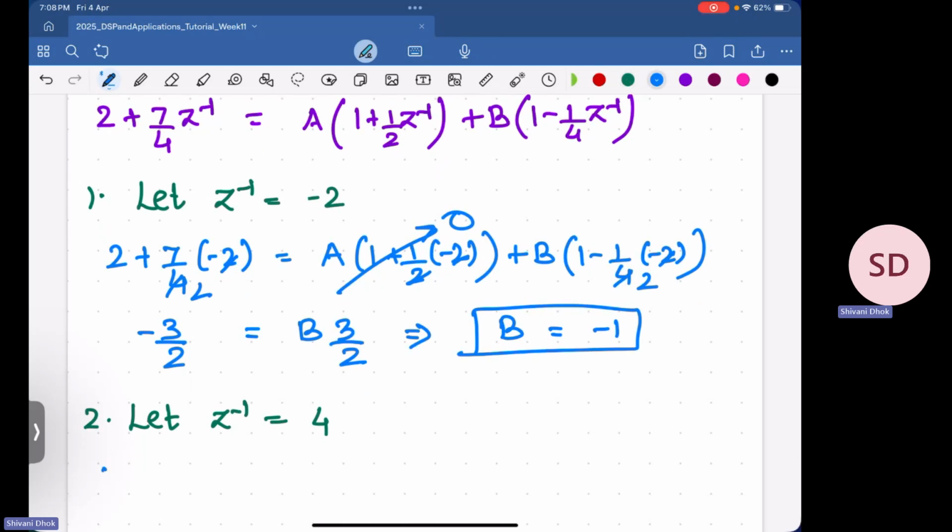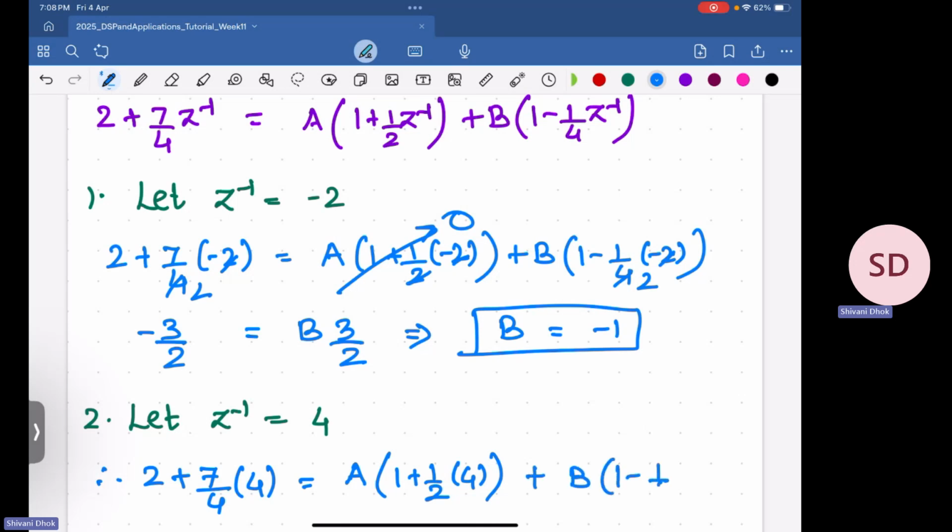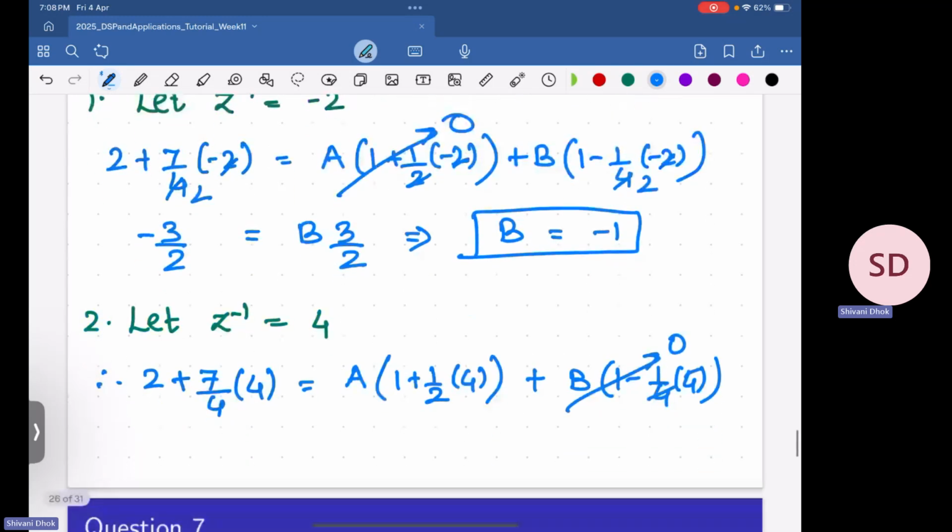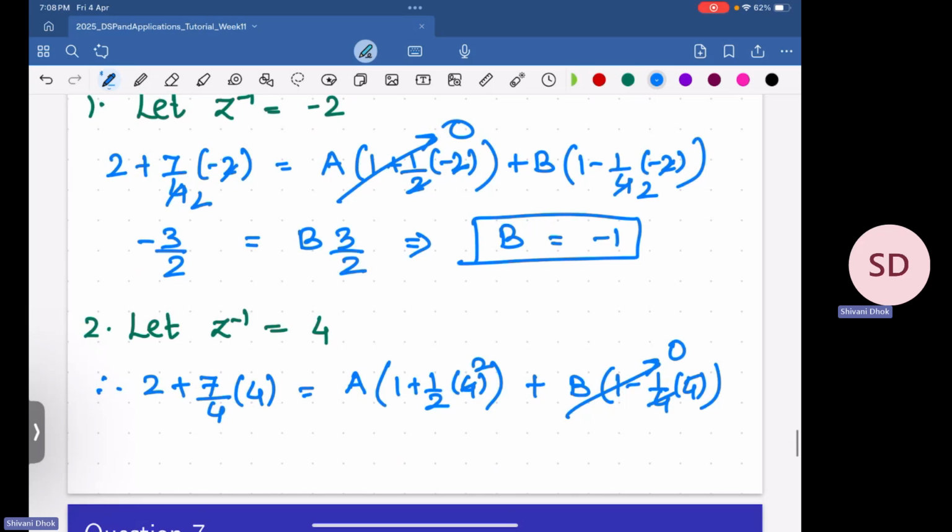Therefore, 2 plus 7 by 4 into 4 is equal to a into 1 plus 1 by 2 into 4, plus b into 1 minus 1 by 4 into 4. This gets cancelled and this is equal to 0. So this is 2, this gets cancelled. So we have 9 is equal to 3a, which means that a comes out to be equal to 3.